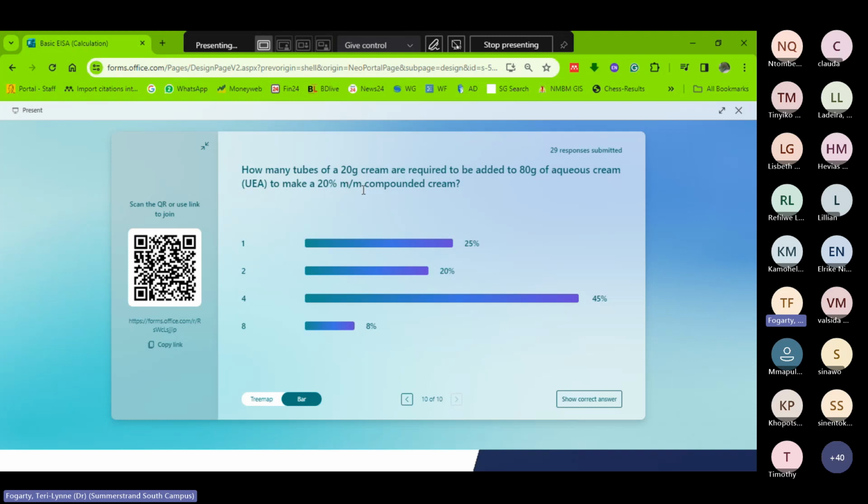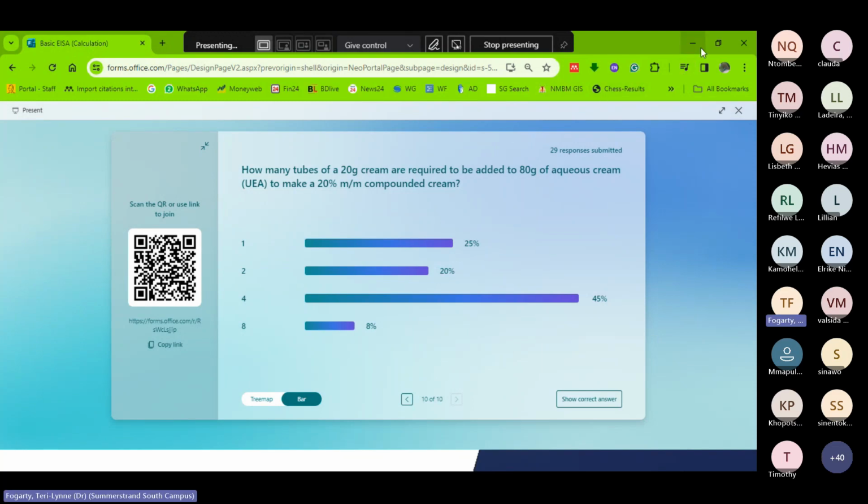So how many grams per 100 grams? So if I've got 20 grams and 80 grams, that is 100 grams. And so a 20% would be 20 grams in 100 grams. And so I need 1 tube, 1 20-gram tube to be able to make a 20% compounded cream.